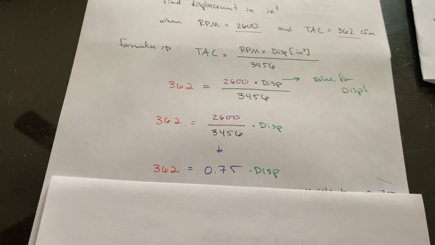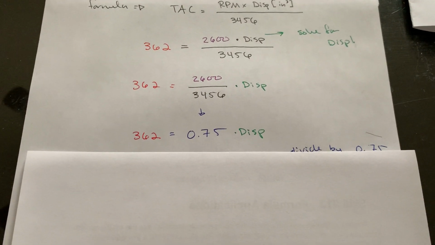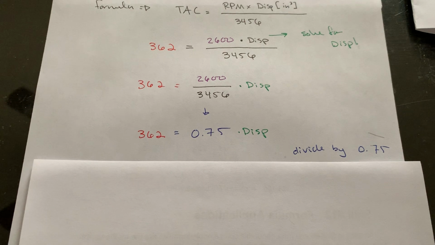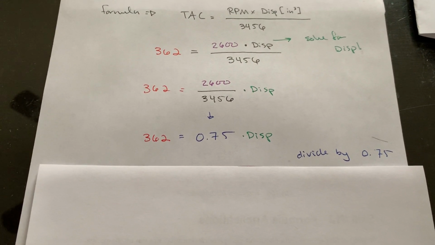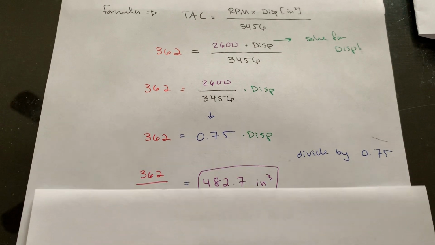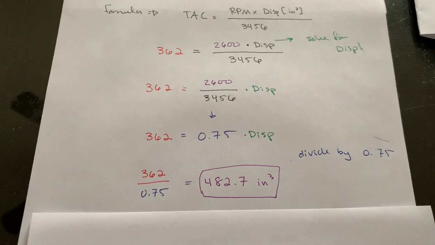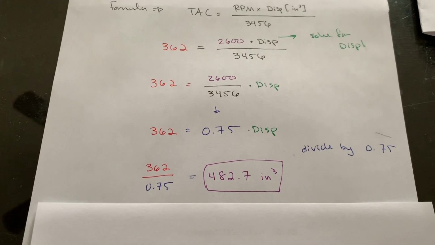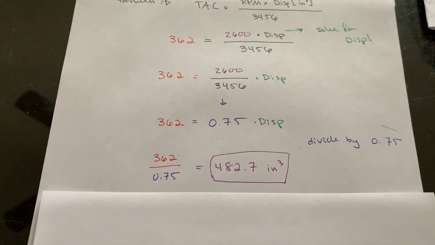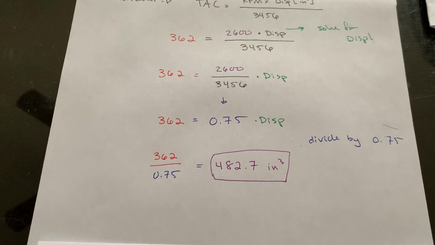These are rounded, of course, but that's roughly where we end up. And so all we need to do there is just divide by 0.75 on the other side. 362 divided by 0.75, that's going to get me a bigger number, right? Because I'm dividing by a decimal, something less than 1. And it looks like my engine size, my displacement, would be 482.7 cubic inches.